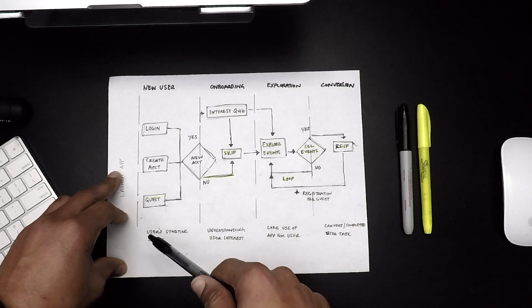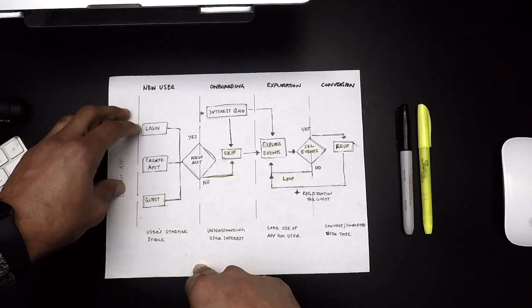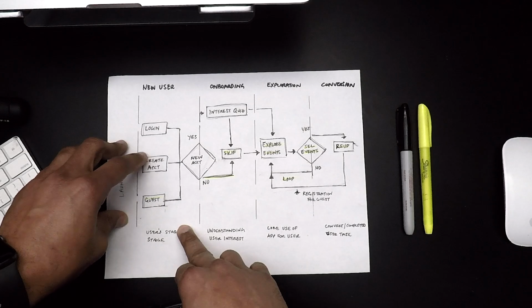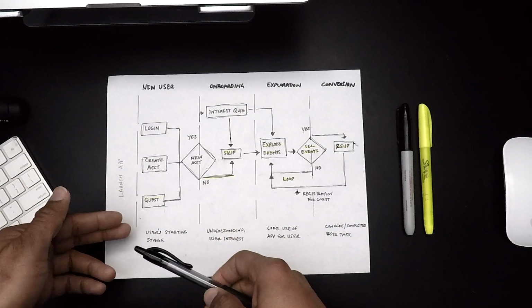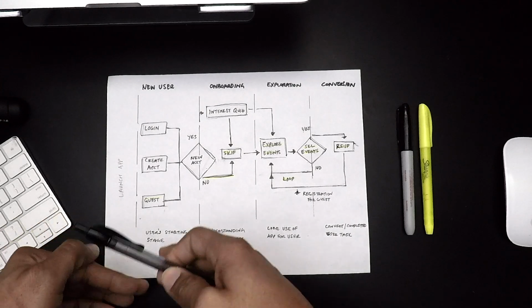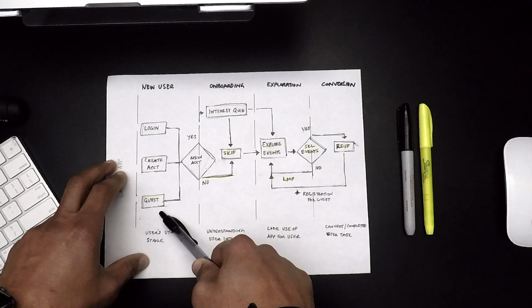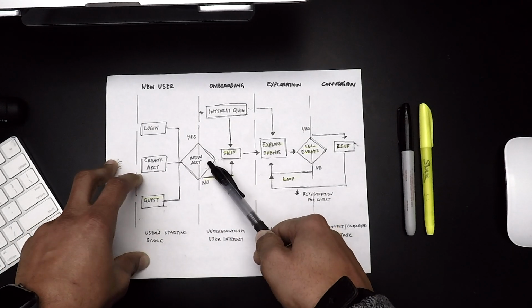So in this example, we'll just do a new user starting. You have one that logs in, you have a user that creates an account, and then you have a guest user. So for the sake of this example, we'll do kind of happy path, which is using as a guest. So if I log in as a new user, as a guest, I have a new account.